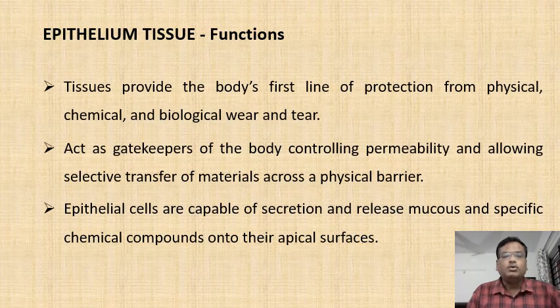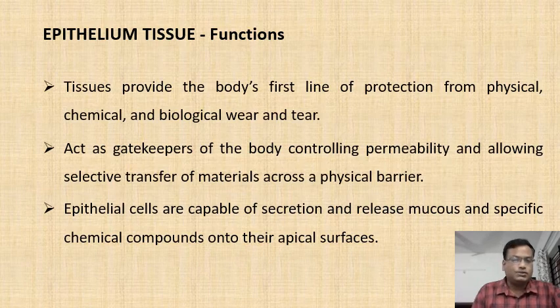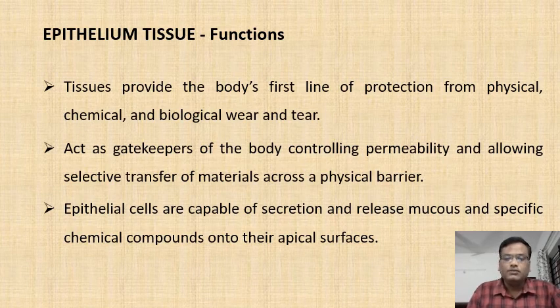Now let us move on to understanding the functions of the epithelial tissue. So as I already mentioned, epithelial tissue is mainly the covering tissue, and therefore its main function is protection of the organ or the whole body from physical, chemical, and biological wear and tear. So the important function of epithelial tissue is protection, okay?